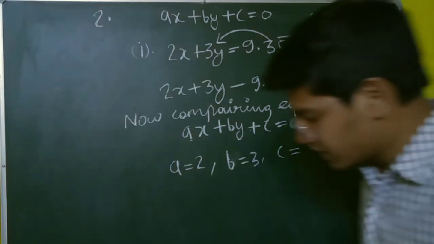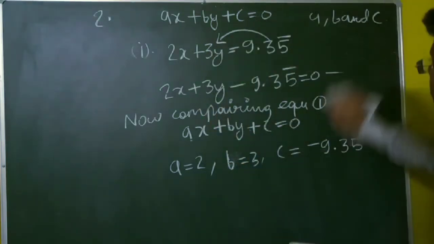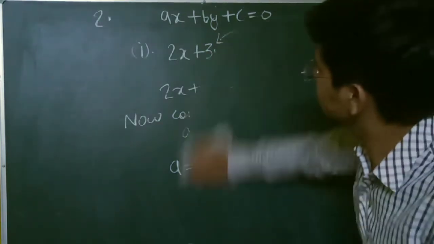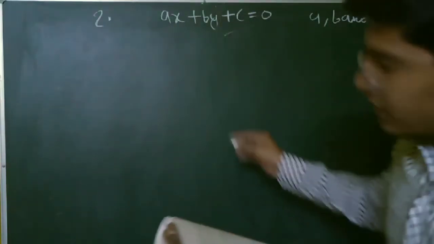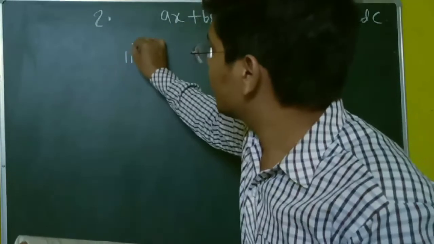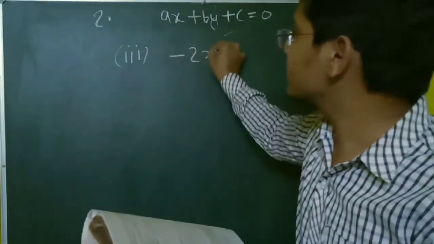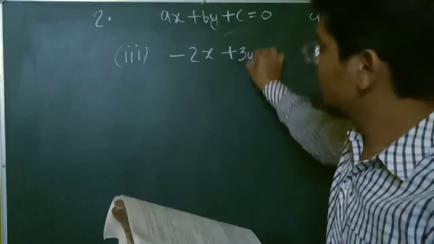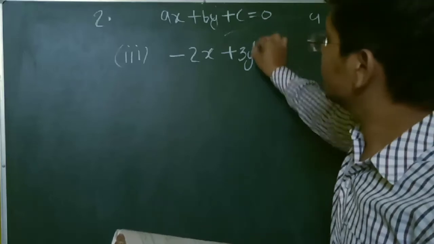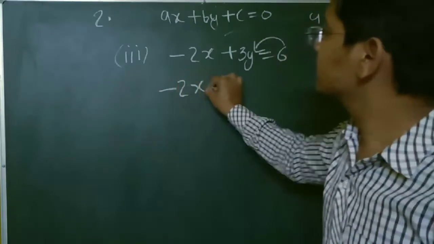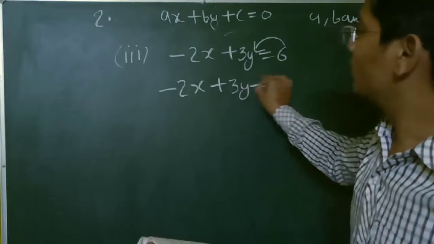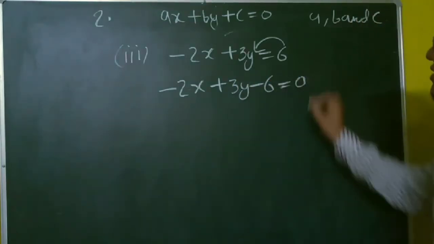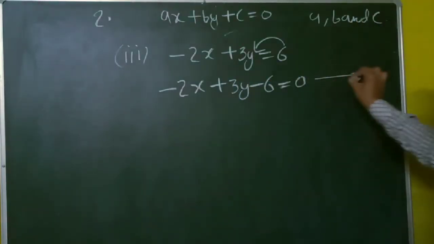Now question number third. In question number third, our equation is minus 2x plus 3y equals 6. So minus 2x plus 3y minus 6 equals 0. This is our equation number first.